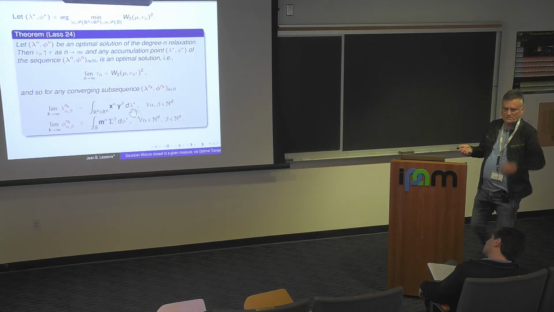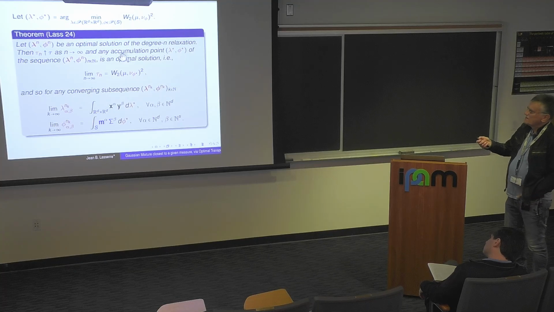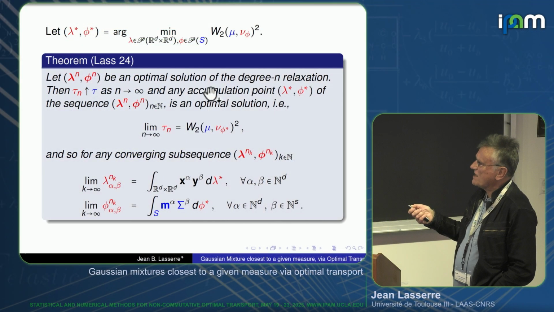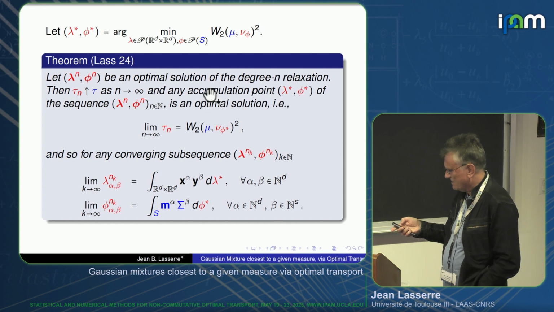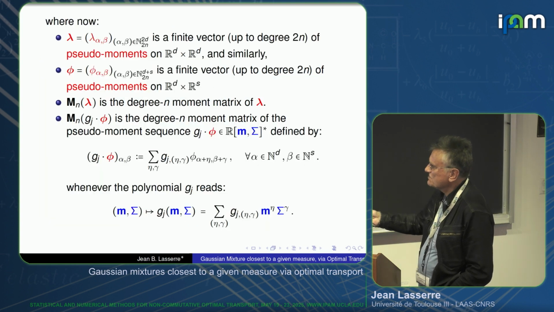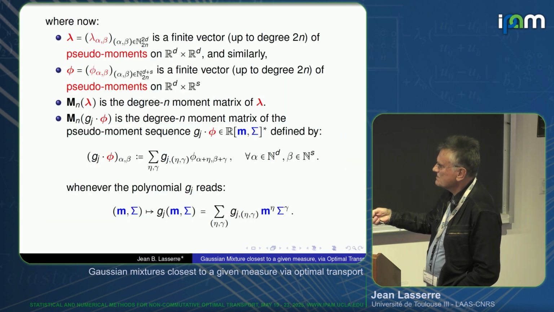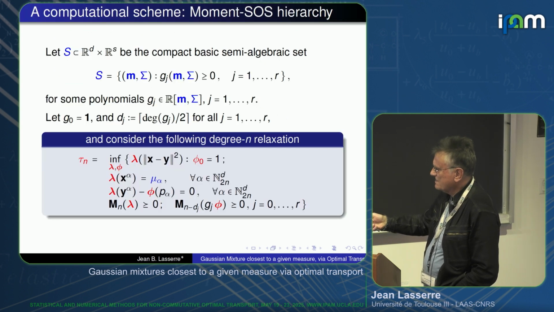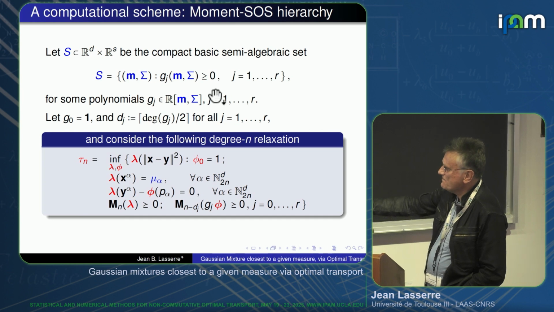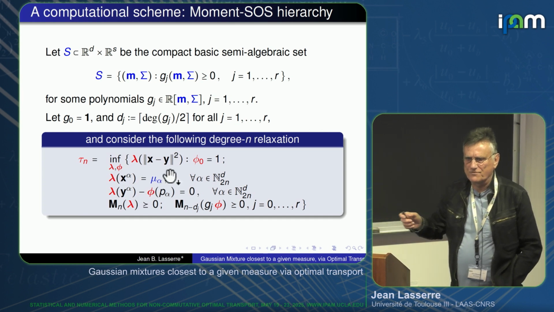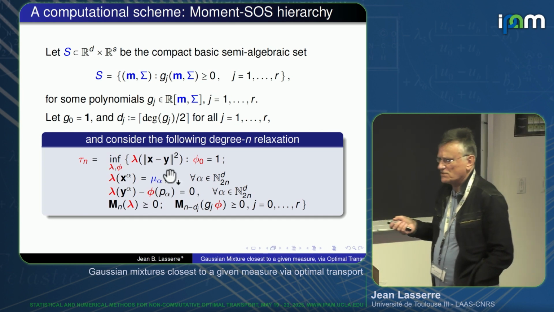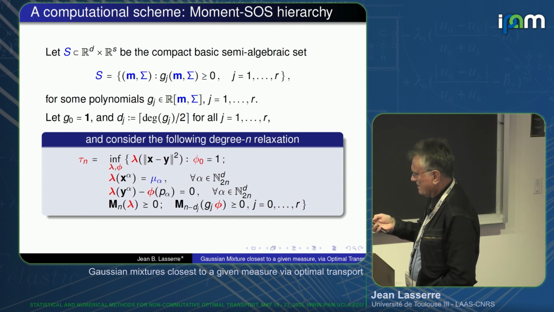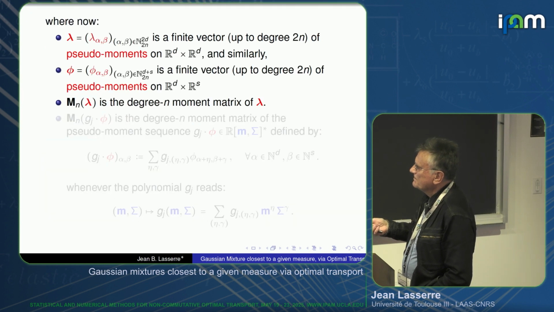This is the result I was mentioning. First of all, because of the Carleman condition, this semi-definite program has an optimal solution for every n, because the set of feasible solutions is compact.